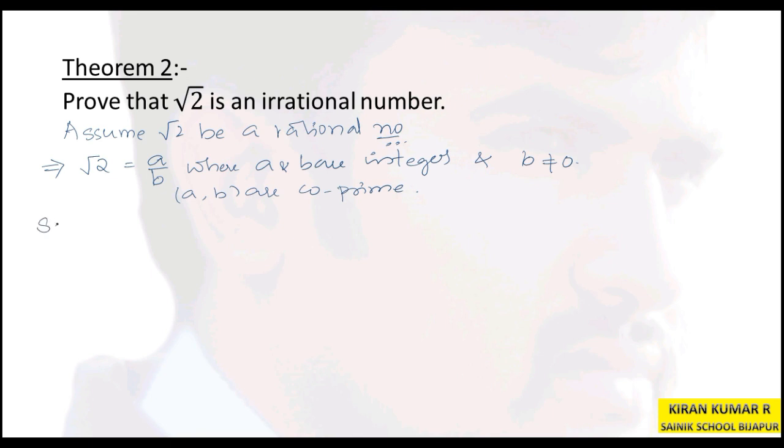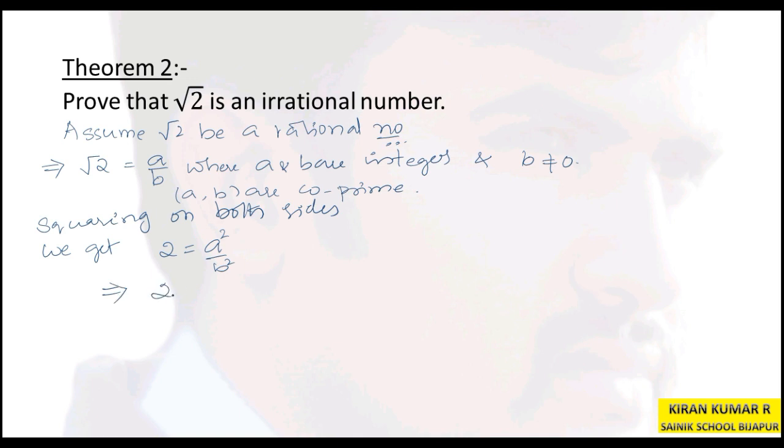Let us square this. So squaring on both sides, we get 2 is equal to a square by b square.